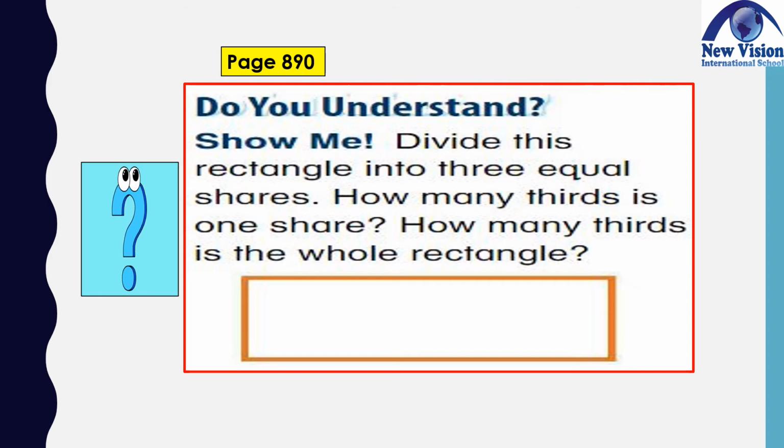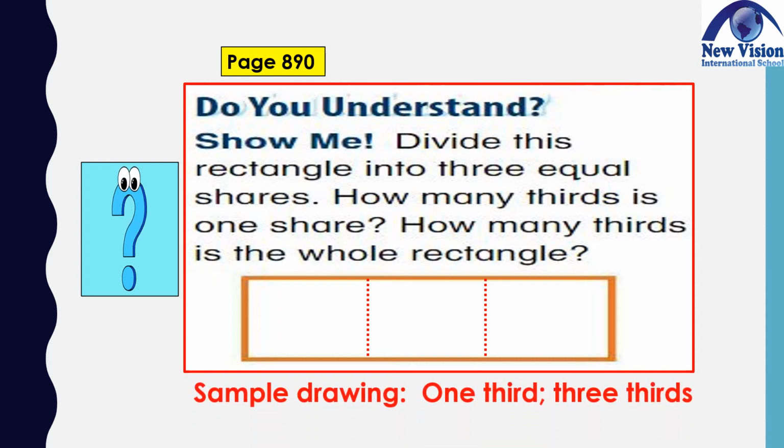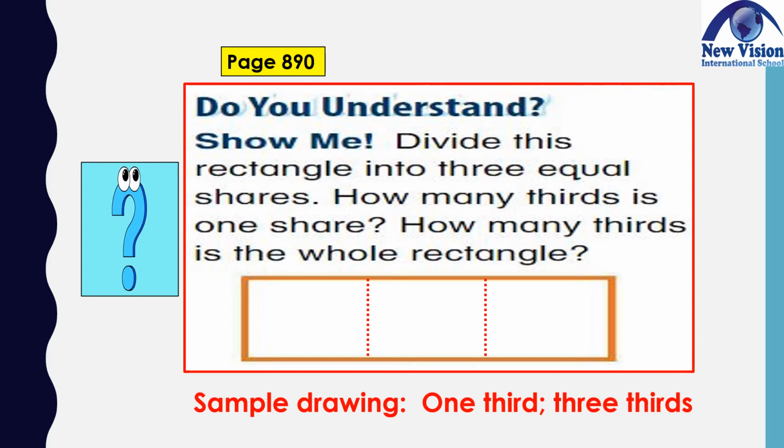How many thirds is 1 share? How many thirds is the whole rectangle? Sample answer. So how many thirds is 1 share? 1 third. How many thirds is the whole rectangle? 3 thirds.